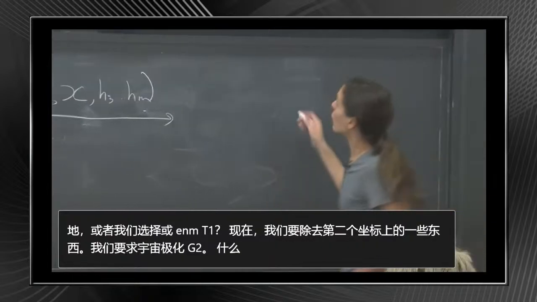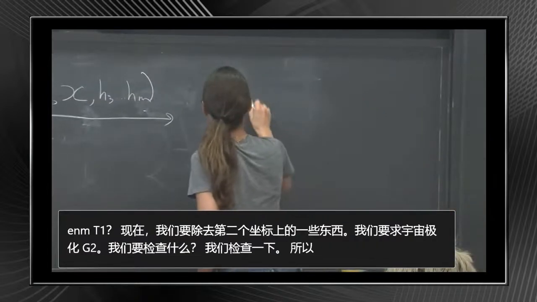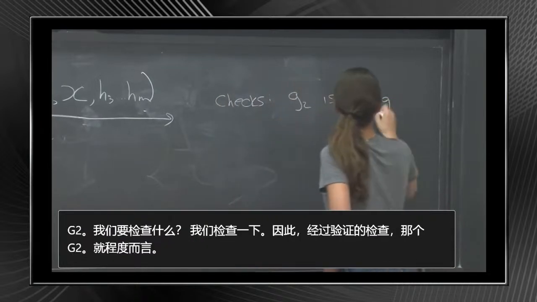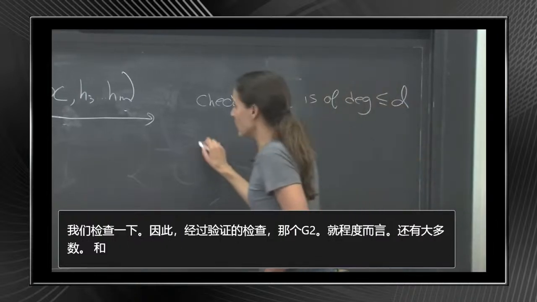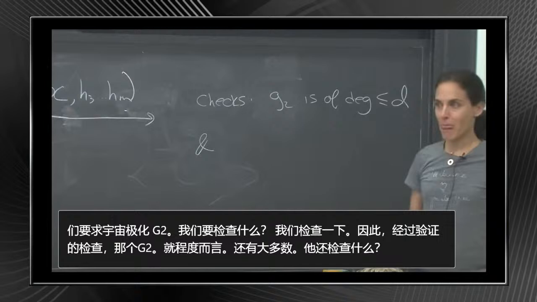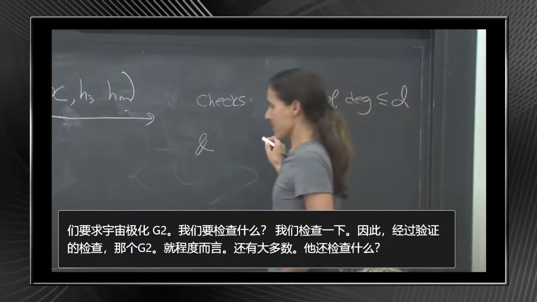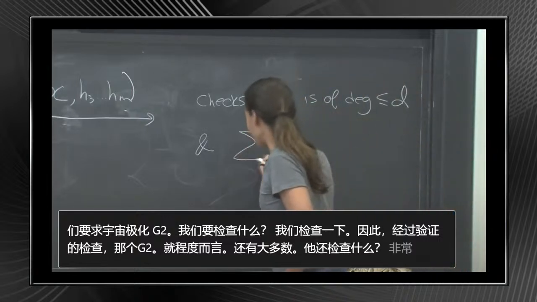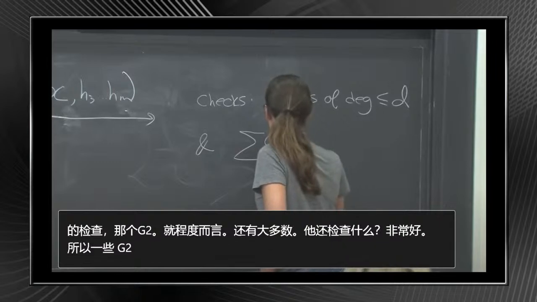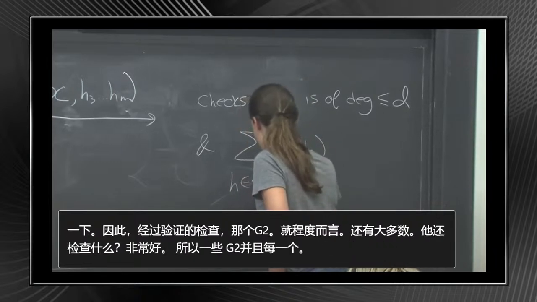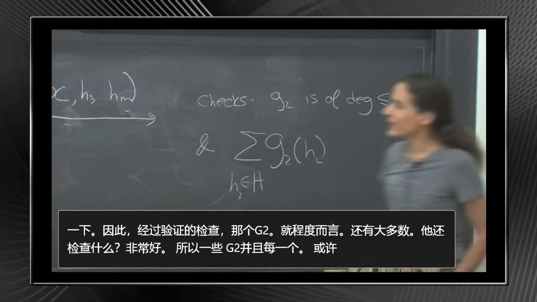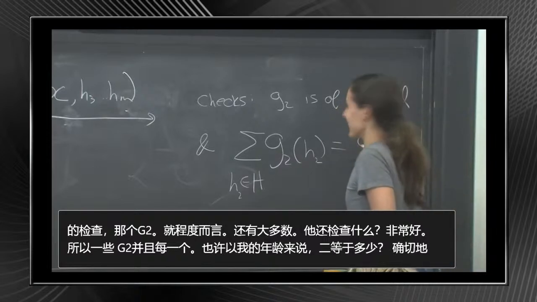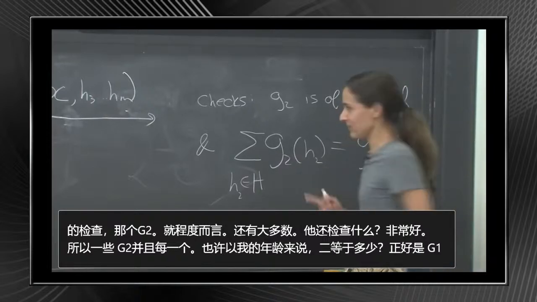What do we check? The verifier checks that G2 is of degree at most D. And what else does he check? Very good. The sum of G2 over H2 is equal to what? Exactly, G1 of T1.